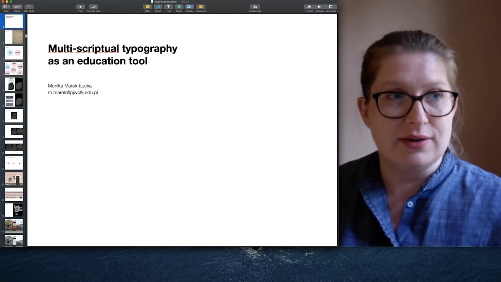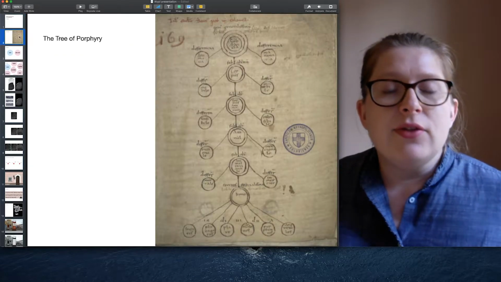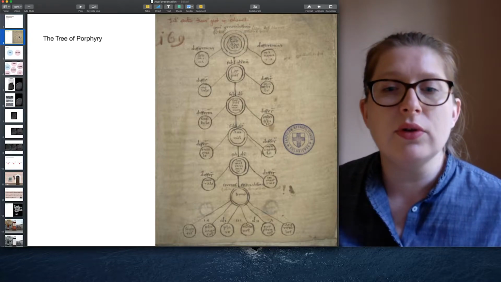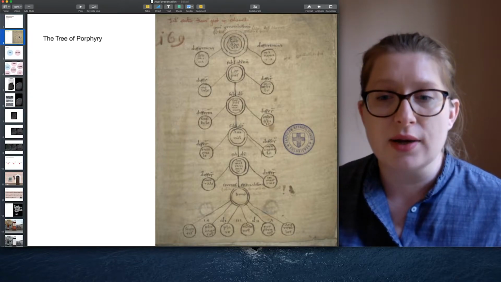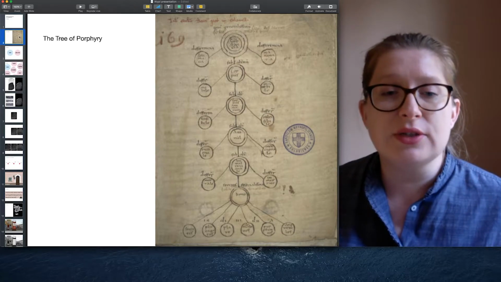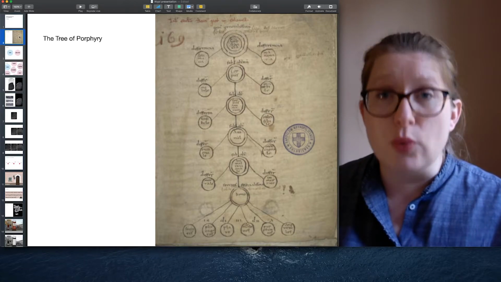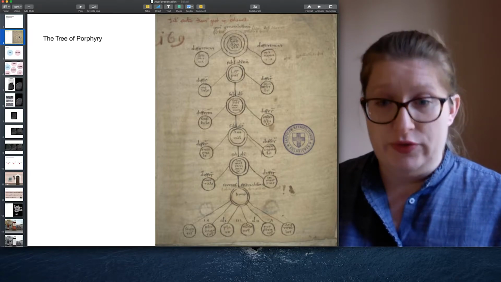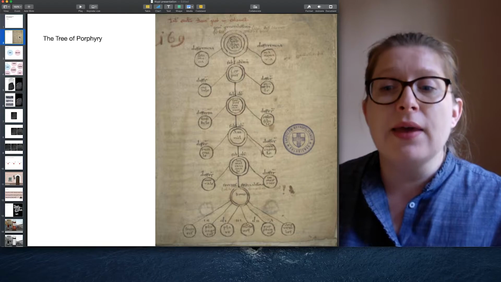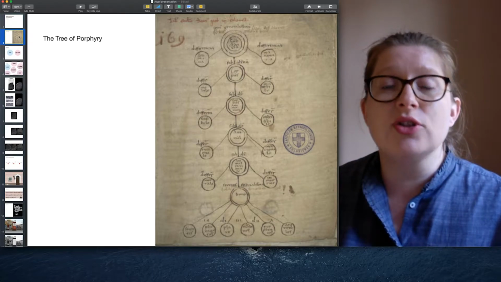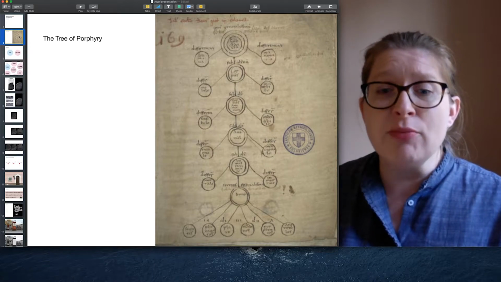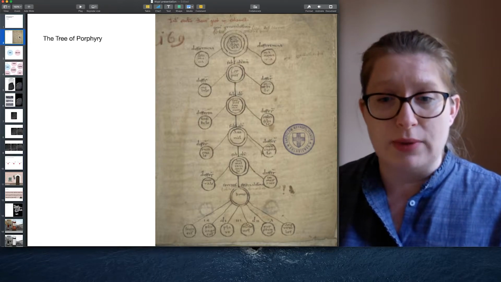So let's start. In the philosophy of late antiquity, one of the logical devices constructed to introduce Aristotelian categories describing the world of entities was the tree of Porphyry. The diagram's name referred to the structure of a tree with a main trunk and branches growing out from it.